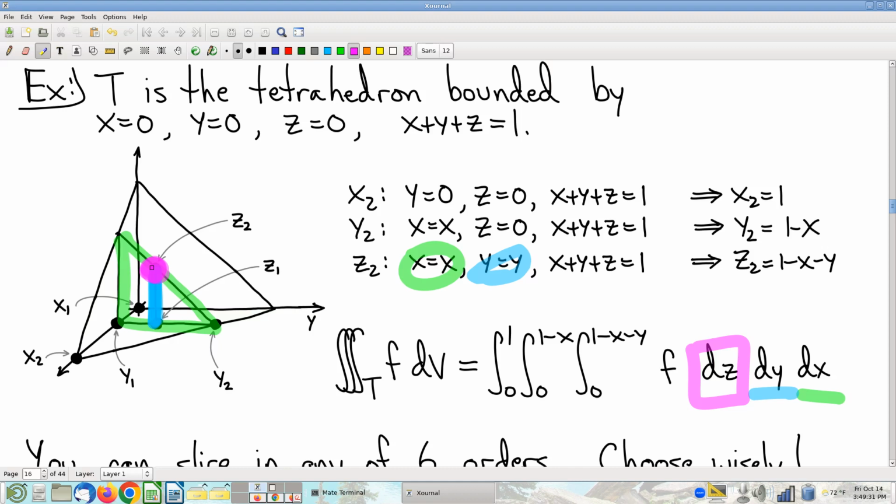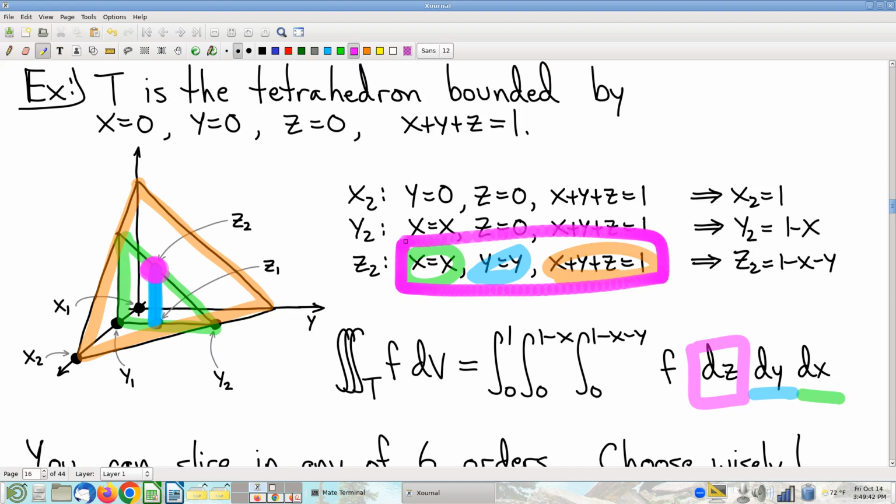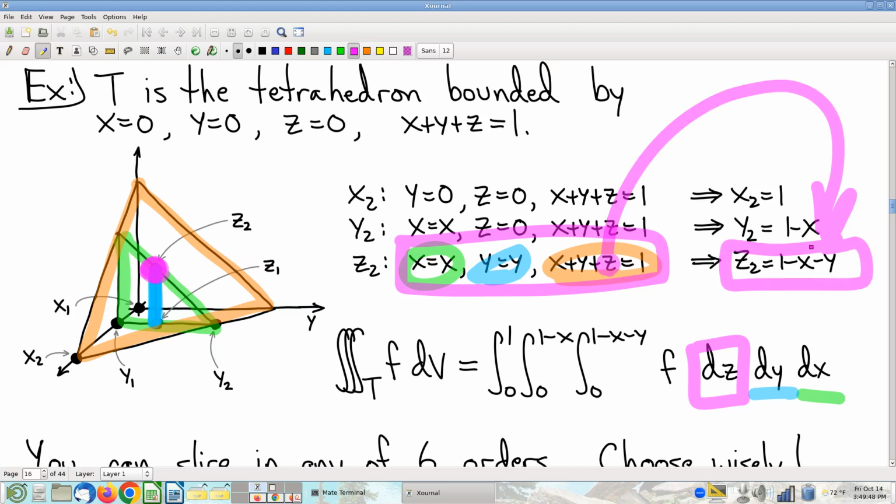And the last thing I know is that it's on this plane that has that equation. Again, we're solving then for z in all of this algebra here. You solve for that z. Your answer is allowed to be in terms of both x and y, because x and y are constants. X and y are further to the outside, so that's okay. And our upper bound for z is there.